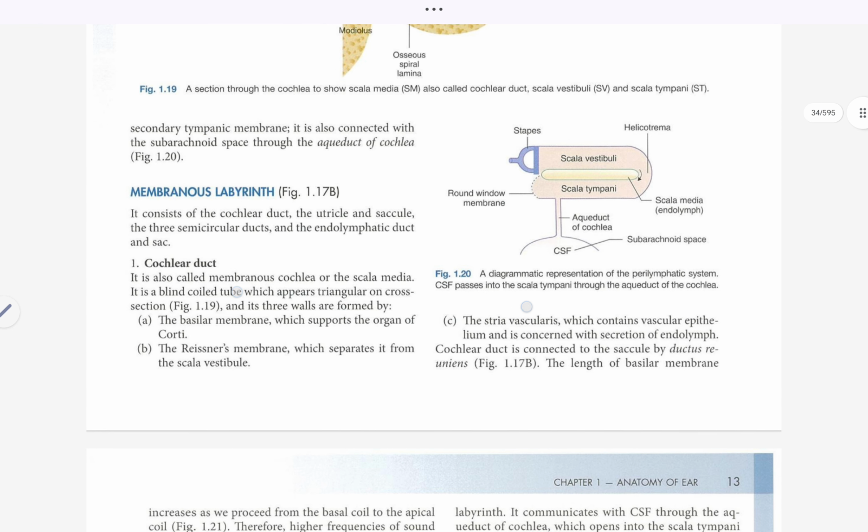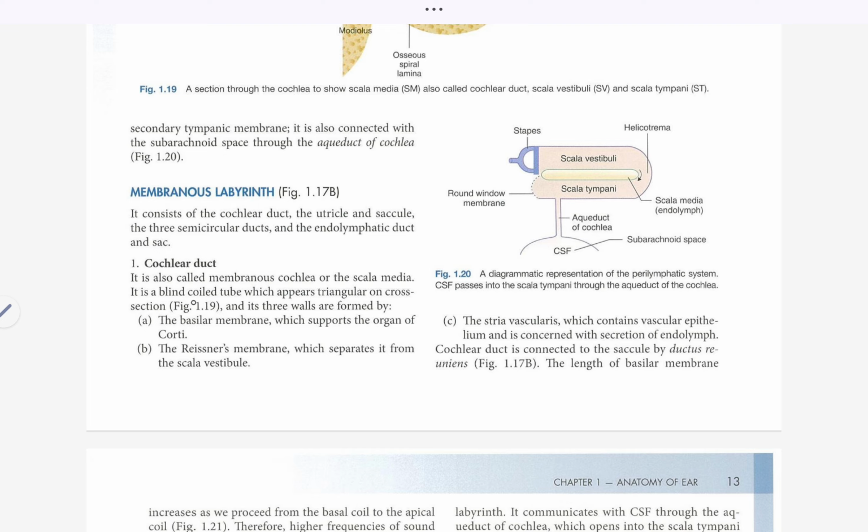We'll go into the membranous labyrinth. It consists of the cochlear duct, the utricle and saccule, the three semicircular canals, and the endolymphatic duct and sac. First, we can learn about the cochlear duct. It is also called the membranous cochlea or the scala media.